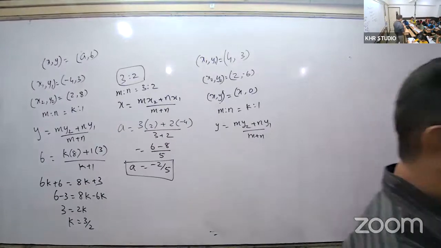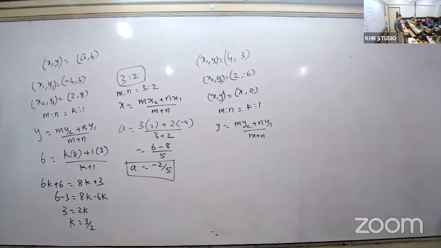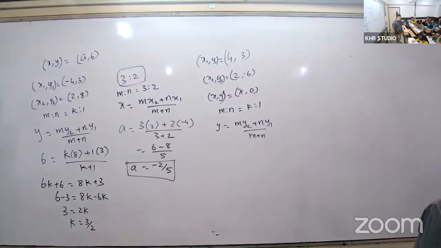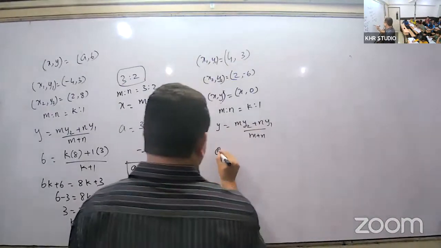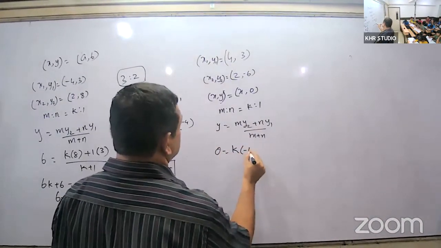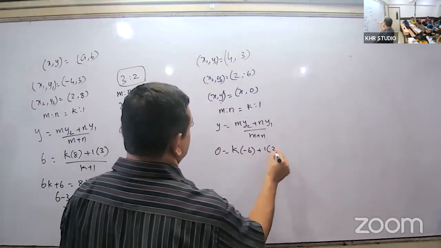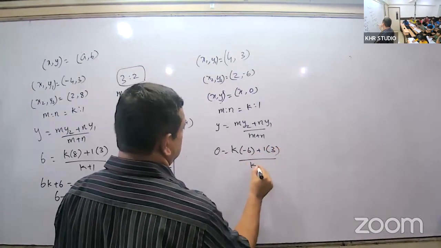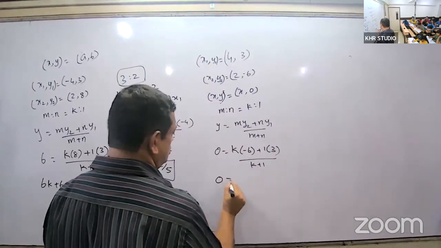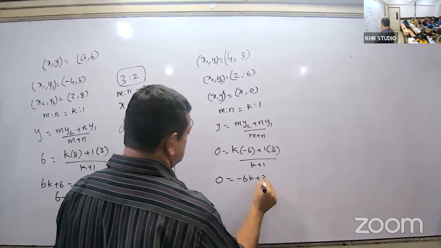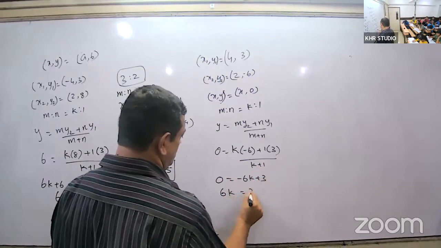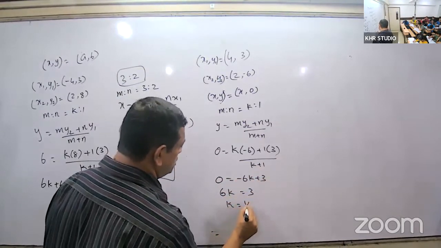When you try it yourself, then only you will find out your mistake. Then replace 0. K times -6 plus 1 times 3. Got it now? 0 equal to -6K plus 3. K is equal to 1 by 2.